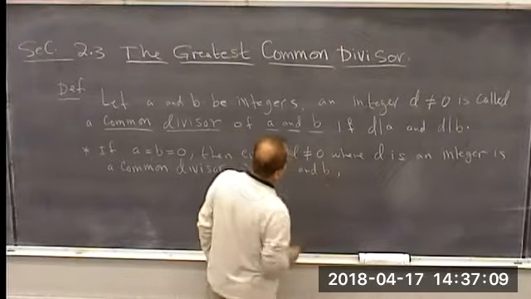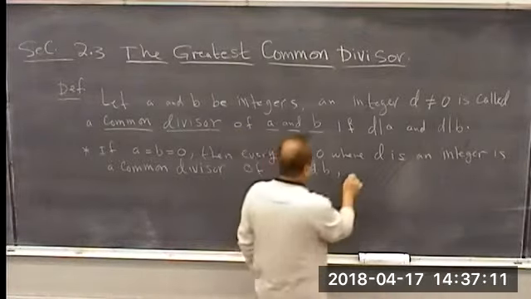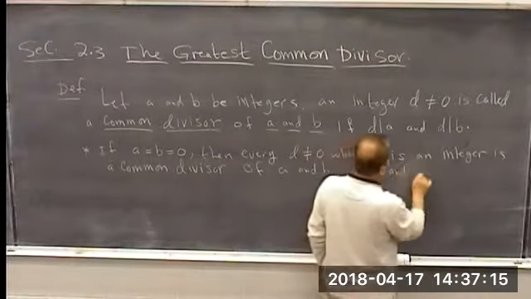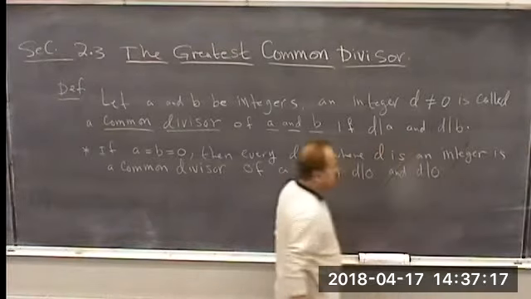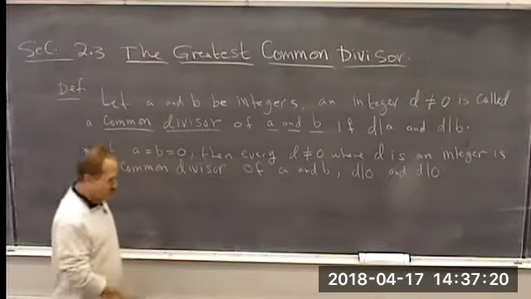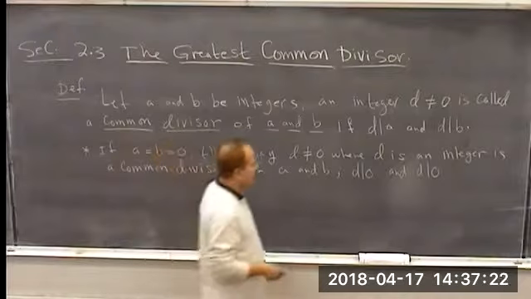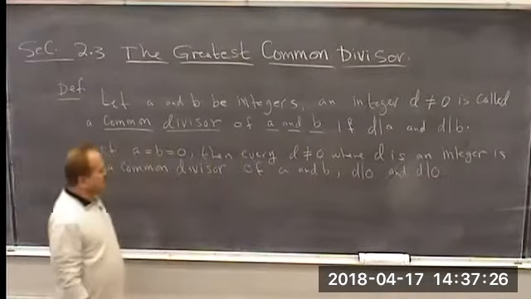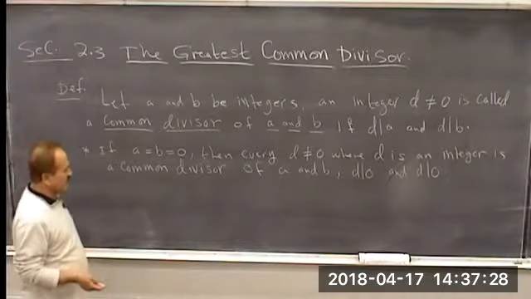And this is true since d divides 0 and d divides 0, right? That's ridiculous to write, yes, but it's true for both of these, because we can always write 0 as a multiple of d by using 0.